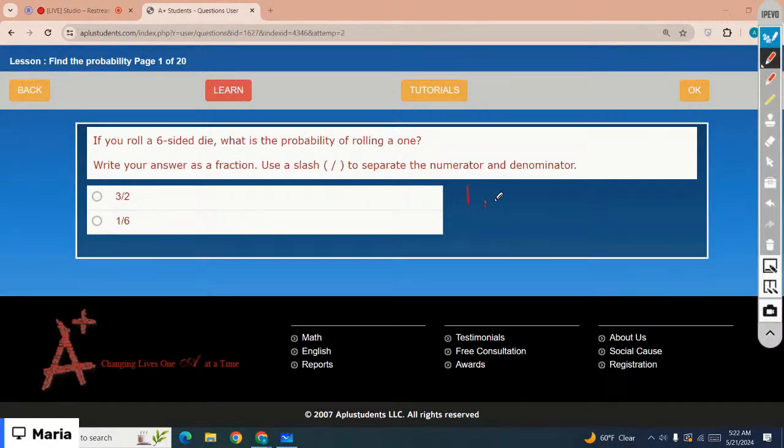They are 1, 2, 3, 4, 5, and 6. So what is the probability of 1? You have only one outcome that has 1. So the probability of 1 is 1 out of 6. Got it? The correct option is 1 out of 6. Option number 2 is the correct option.